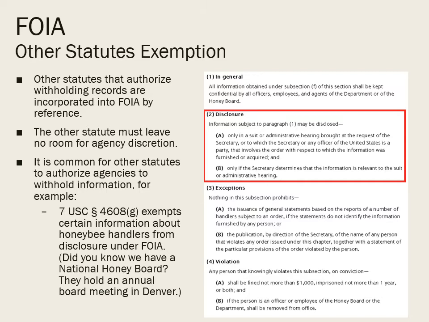And a lot of the information about the Honey Board, which holds an annual meeting in Denver, is similarly exempt from disclosure. In this particular case, the statute exempts this information because honeybees are crucial to our environment and they heavily impact agricultural operations. So if somebody submits a FOIA request for information about honeybees or their handlers, the agency's got to deny that request.